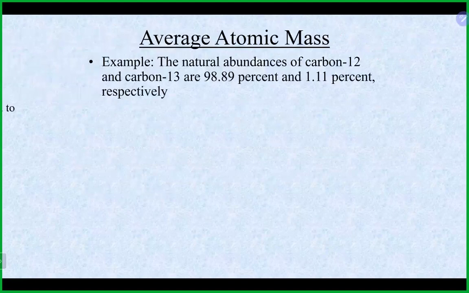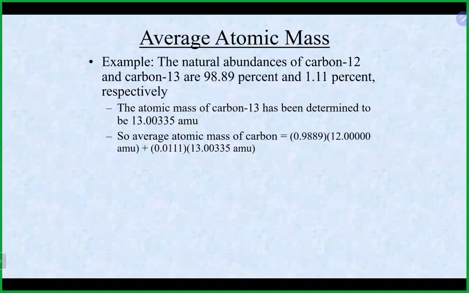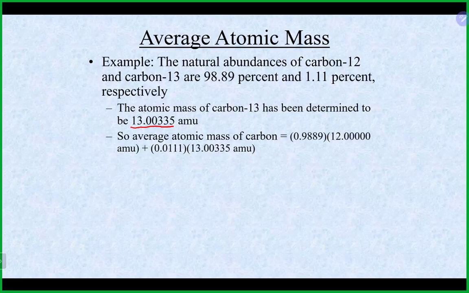So as you can see here, the natural abundance of carbon-12 is about 98.89%, and 1.11% for carbon-13. You can also see that the mass here of the carbon-13 isotope is not 12, it is 13.00335. So we could do our calculation. So this is 98% converted into a decimal.